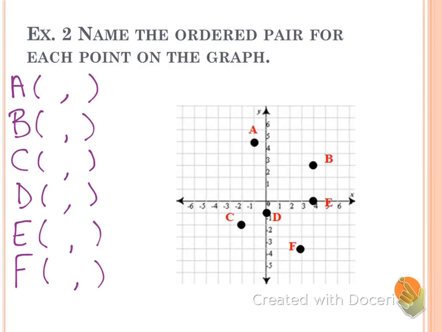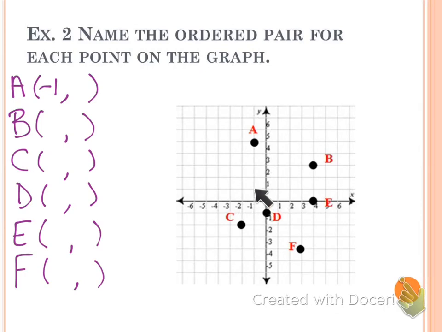So for example, for point A, if I'm figuring out how I'm going to get there, we move left or right first. I realize that it's on the line 1 space to the left of the origin. So I go -1 on the x-axis, and then I can go straight up to the point.